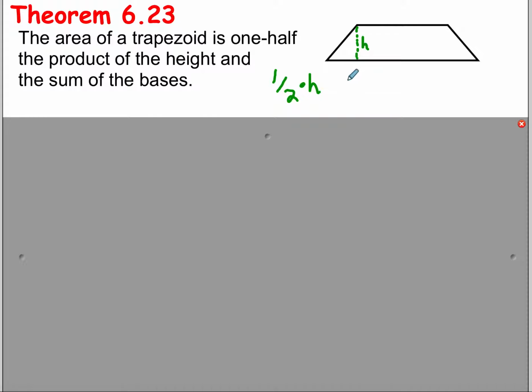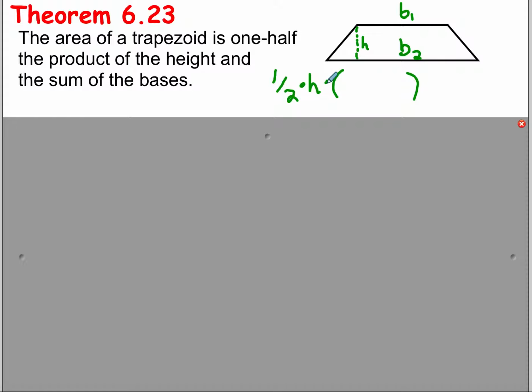And the sum of the bases. So we're going to need to use parentheses here because we're adding two things together. Remember, in a trapezoid, the bases are the parallel sides. So here's one base. I'm going to call that B1. And here's another base. I'm going to call that B2. So the area is the product of 1/2, the height, and the sum of the bases.